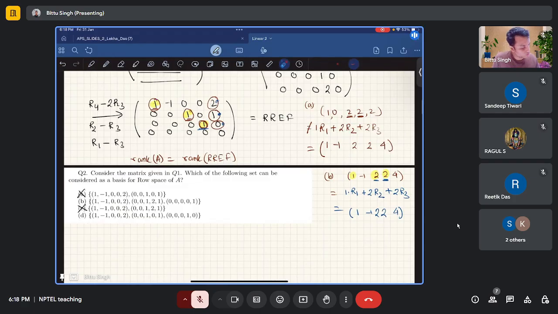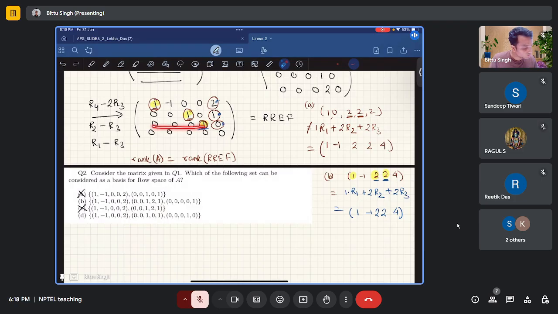So here you can see 1 minus 1 0 0 2. It is present in this example, 1 minus 1 0 0 2. Next is 0 0 1 0 1, but 0 0 1 2 1. Here 0 0 1 0 1 is present, so maybe this can be true. But let us check.